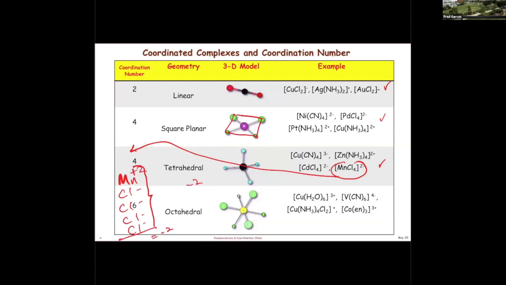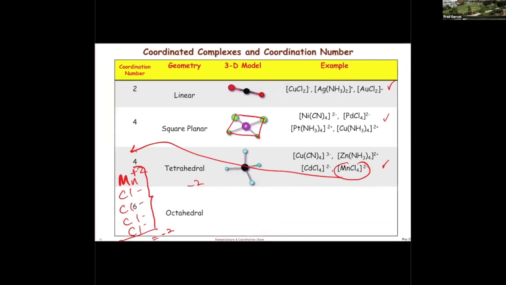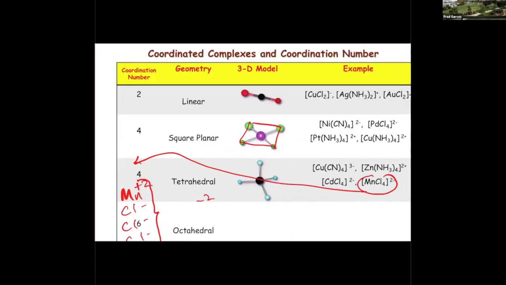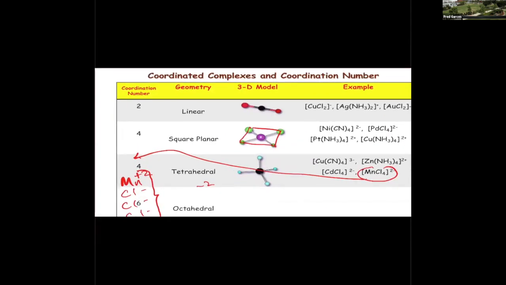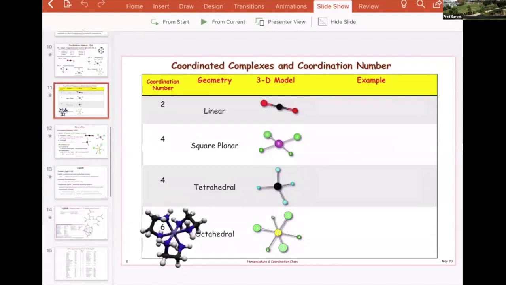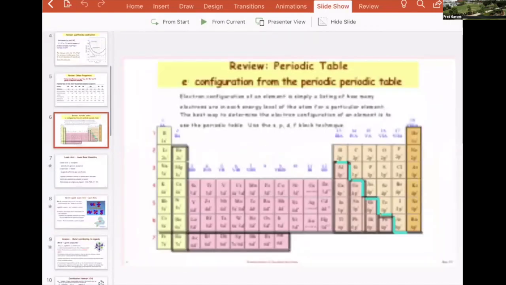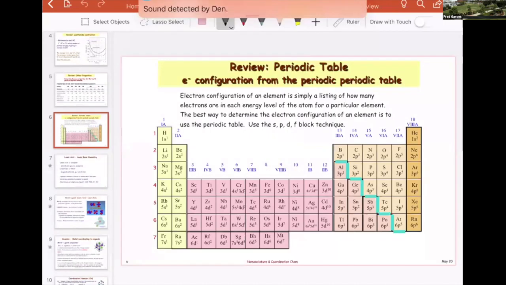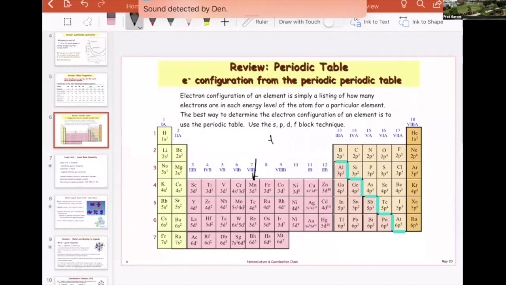And if you look in the periodic table, let me get out of here and find a periodic table real quick. You can see that the manganese is here. We know that it's a +2. 1, 2, 3, 4, 5, 6, 7. 7 minus 2, it's a d5.